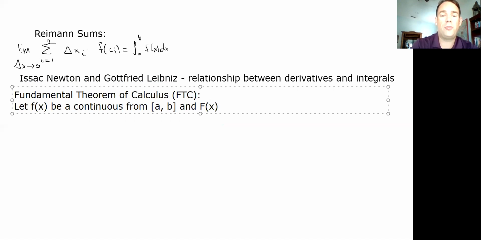Anyways, let f of x be continuous on the closed interval from a to b, and let F of x be the antiderivative for f of x at a and b.